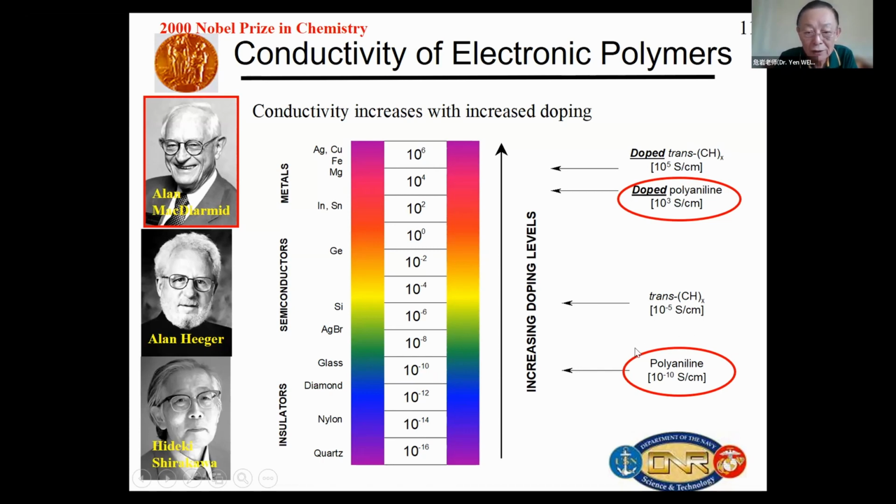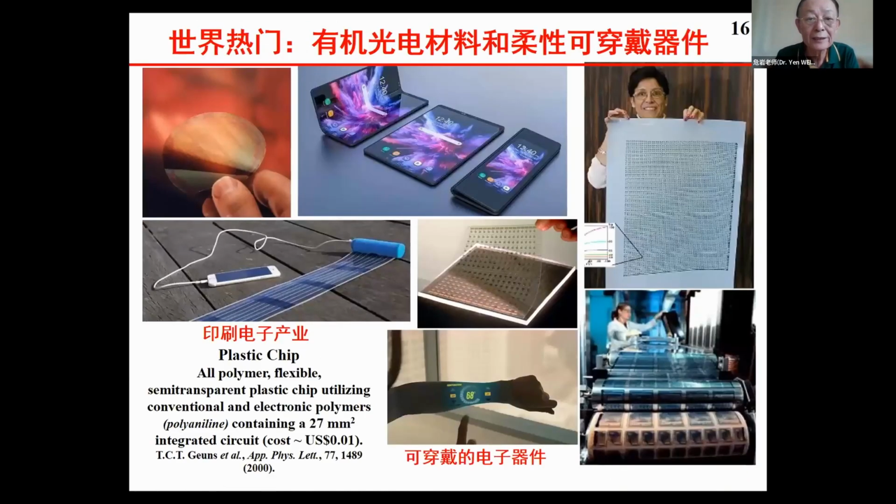However, some organic compounds like polyaniline or polyacetylene are not conductors at all, but upon doping, they can jump in conductivity by about 10 orders of magnitude and become conductors. Once they became conductors, they got a Nobel Prize, and then there were many applications. Since then, we have been using the conductivity to fabricate all kinds of useful materials.